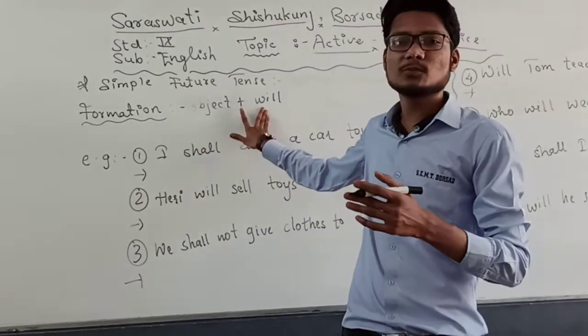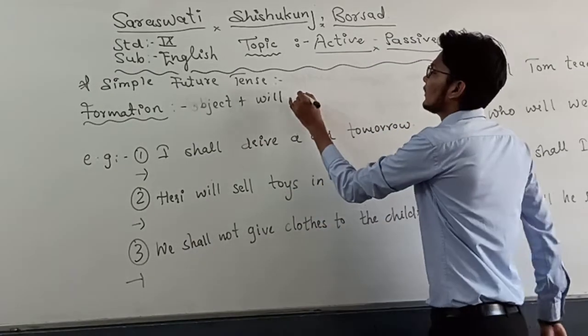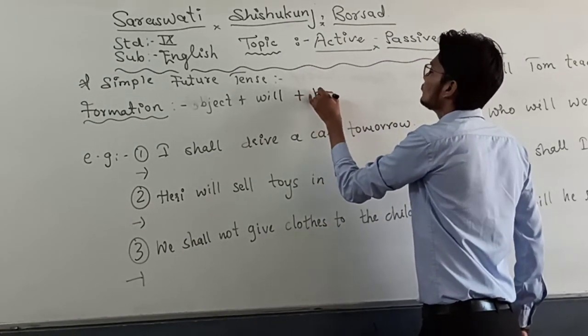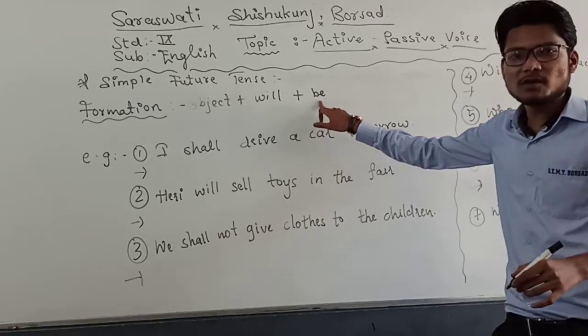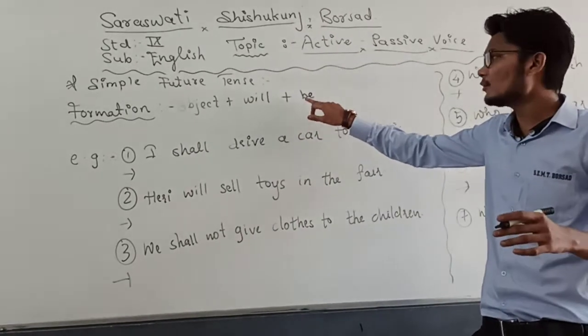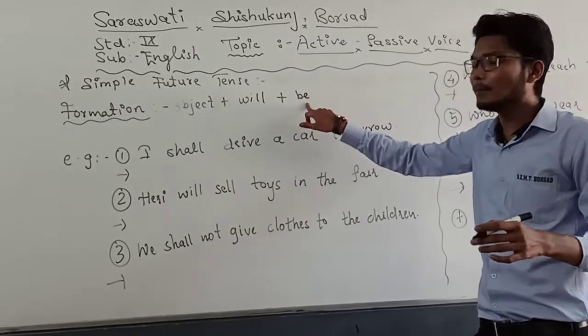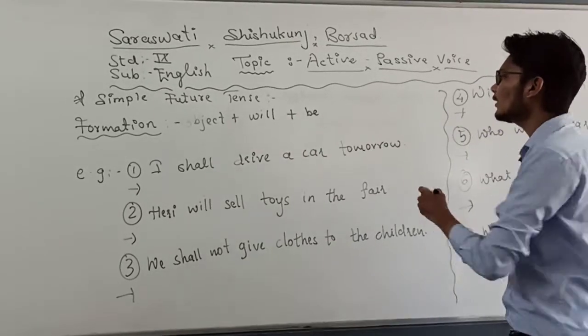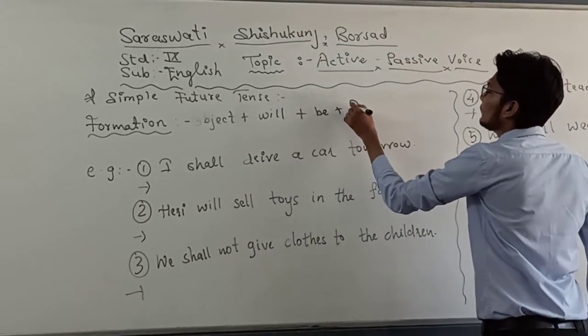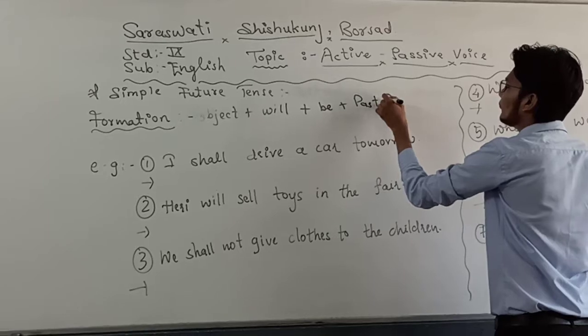After that you have to add be. This is quite necessary. You have to put be after will. Then comes the past participle of the verb form.